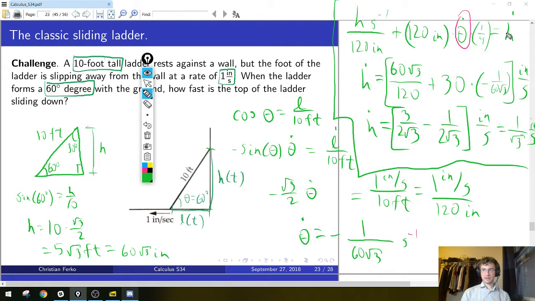h dot, minus 2 root 3. Where did this top equation come from? This thing must have had a minus sign that we dropped.